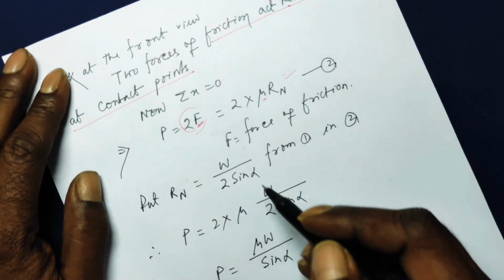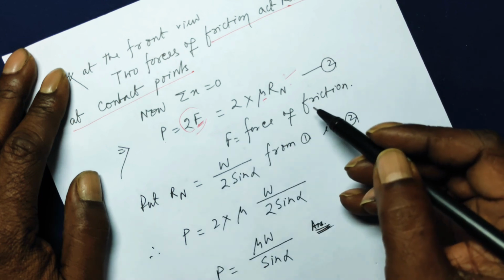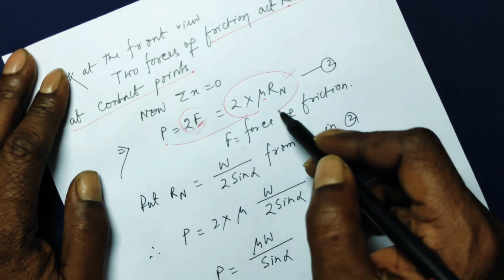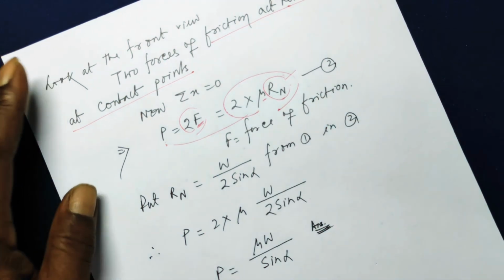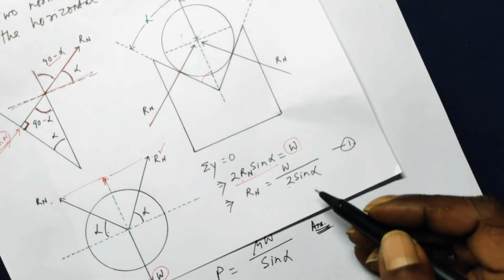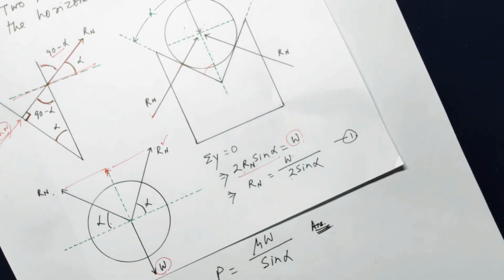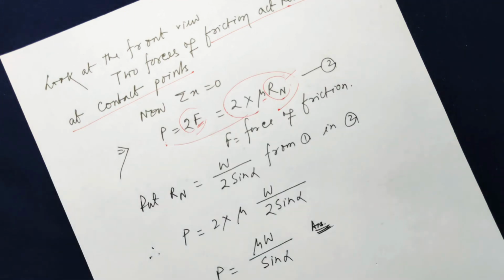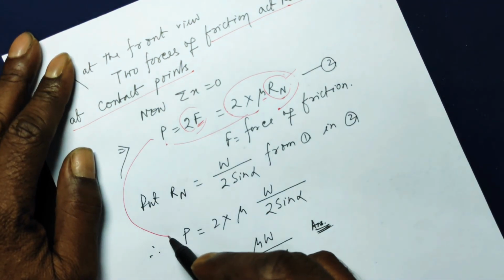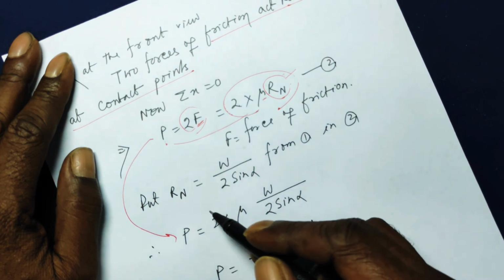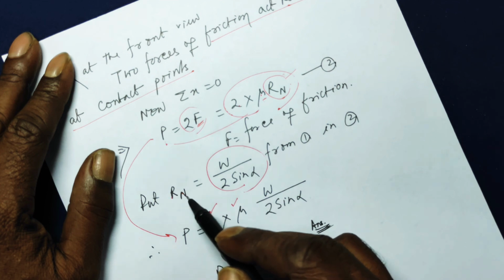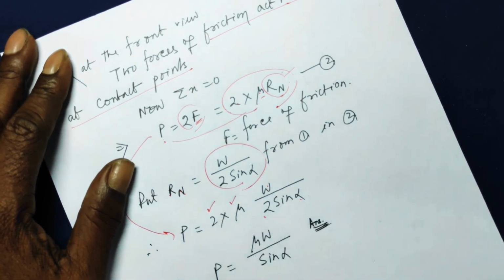Therefore, we'll put the value of Rn from equation 1, which was W over 2 sine alpha, in this expression. So your P becomes 2 mu times the normal reaction Rn, W over 2 sine alpha.